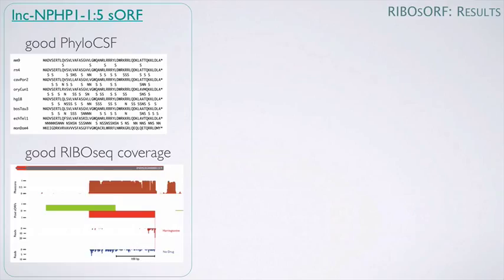Within a long non-coding RNA, we have a small open reading frame, quite well conserved. It also has a very good ribosome profiling coverage. As you can see here, again, it's the red and the blue signal. Blue signal is signal all over your coding sequence from ribosome profiling, and red is start site. This particular one does not have, so far, mass spectrometry evidence.